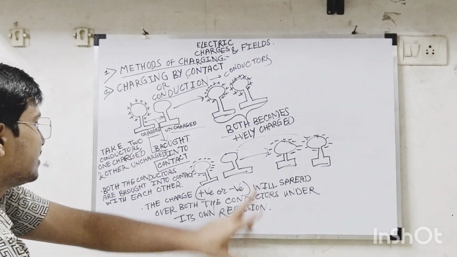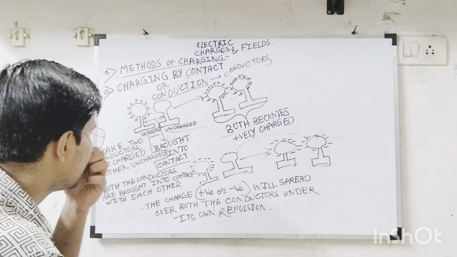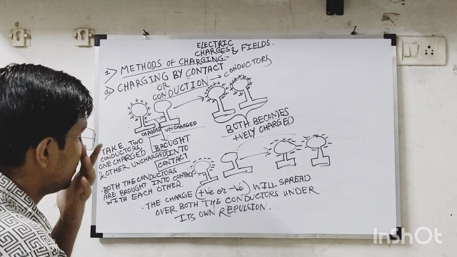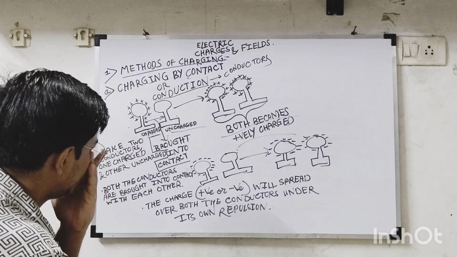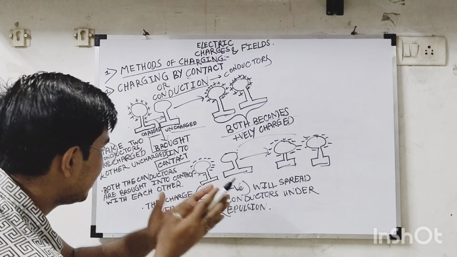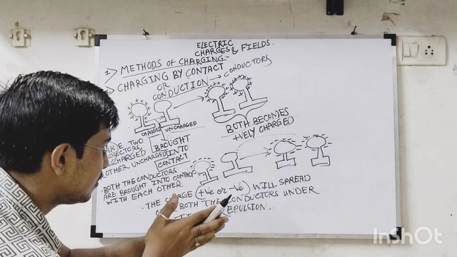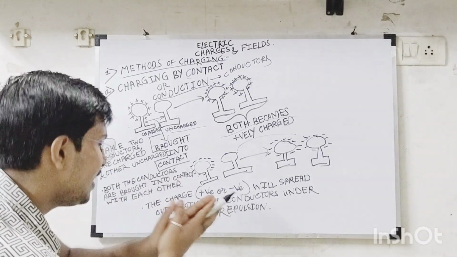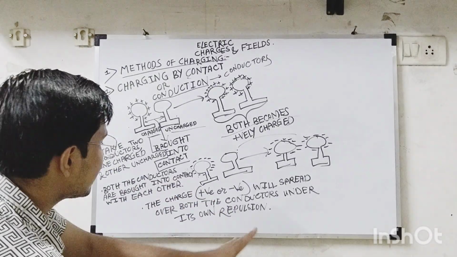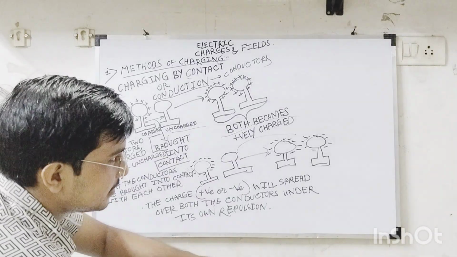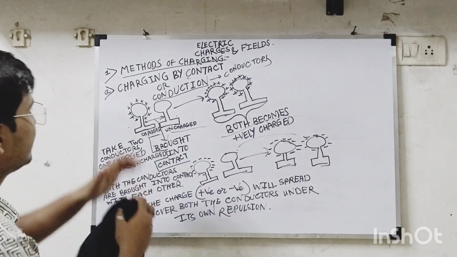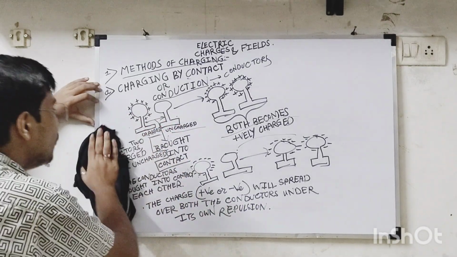Take two conductors, one charged and the other uncharged, and bring them in contact with each other. Now the charge is spread over both the conductors under its own repulsion. Clear? So charging by conduction is over.